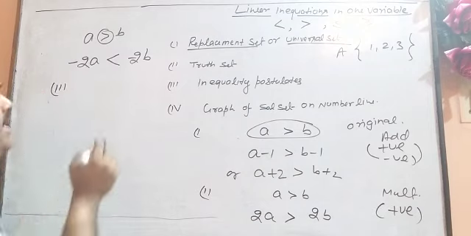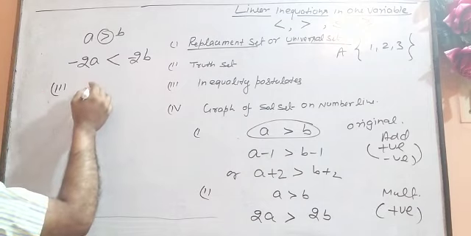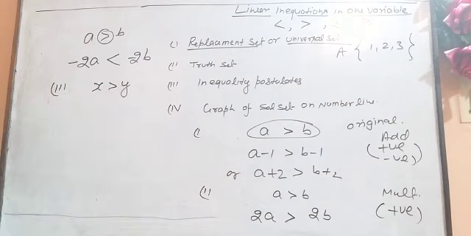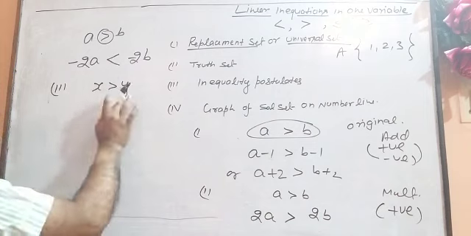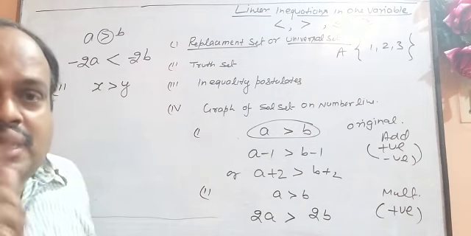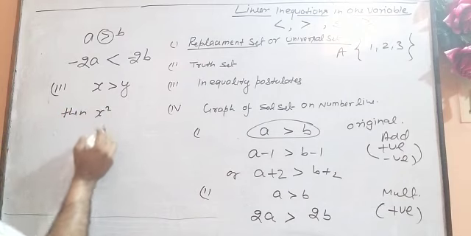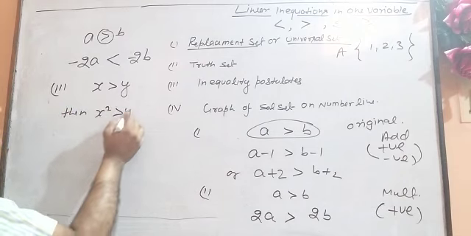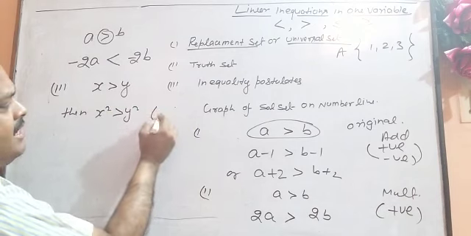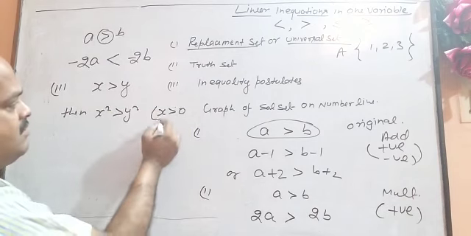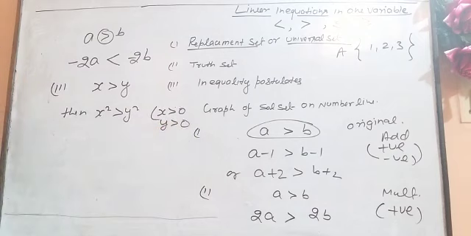Now the third one. If we have an inequation x greater than y, where x and y both are positive, remember both are positive, then x square will be greater than y square. When? If x is more than 0 and y is more than 0.